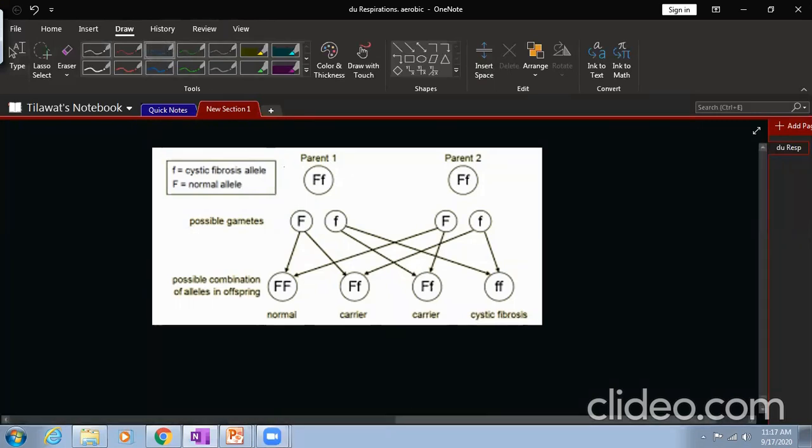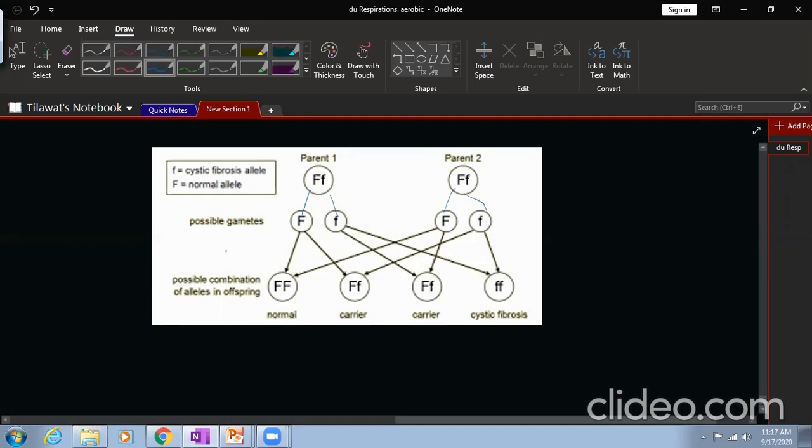For parent 1 we have two gametes, F and f, and for parent 2 the same, so two gametes from parent 1 and two from the other. Now let's do a cross. You can also draw a table for this, okay? If this fuses with this, so what will happen?